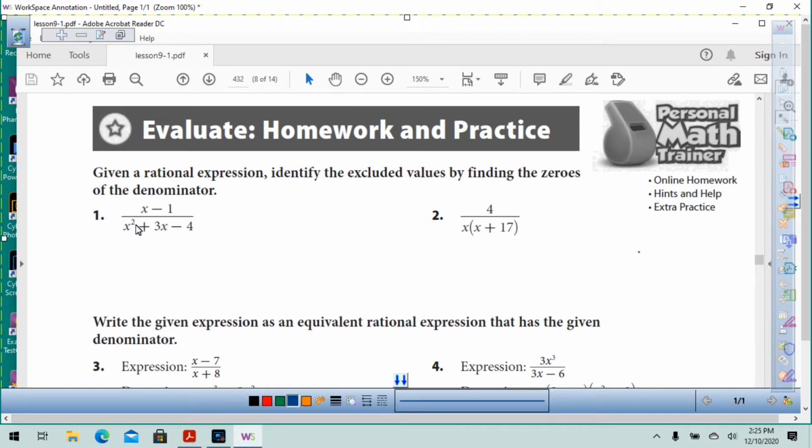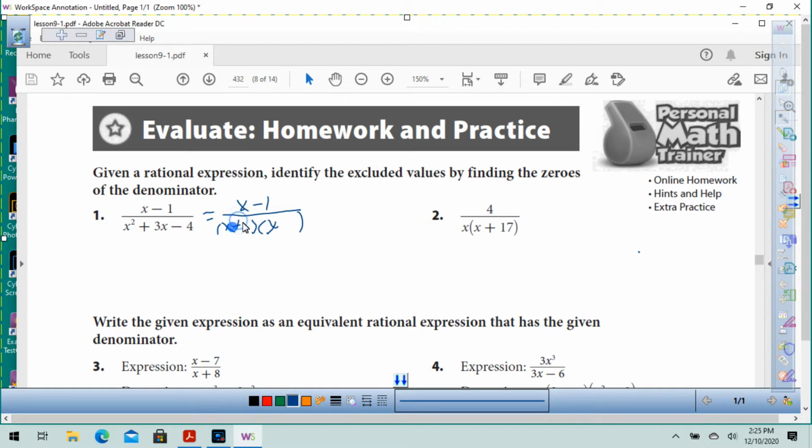If we were to factor this right here, that would give you x minus 1 over, and then x and x. The factors of 4 are 2 and 2, which would give you 4 here, or 4 and 1. So that's positive.